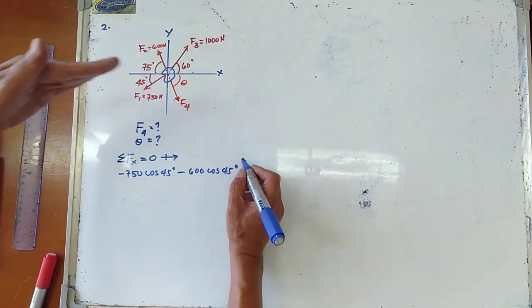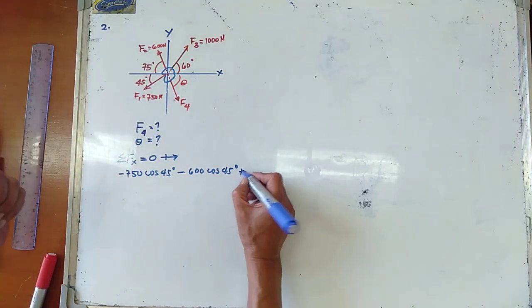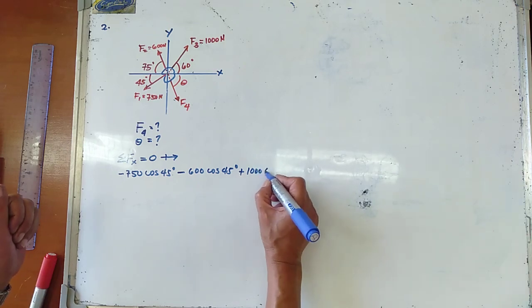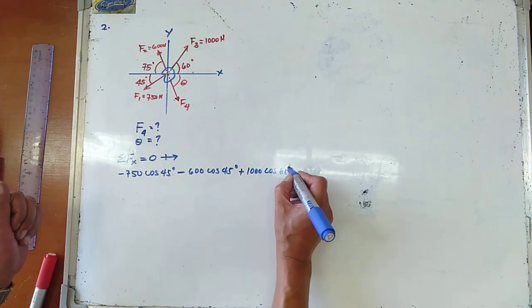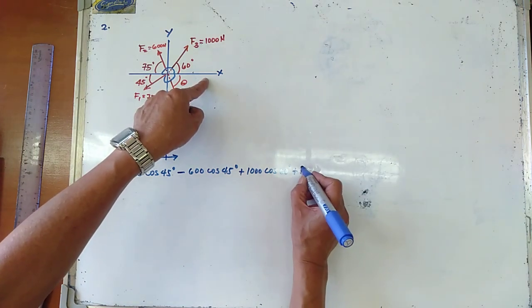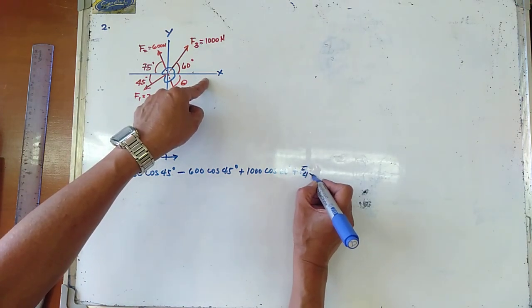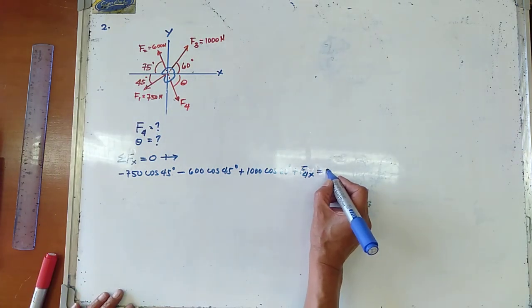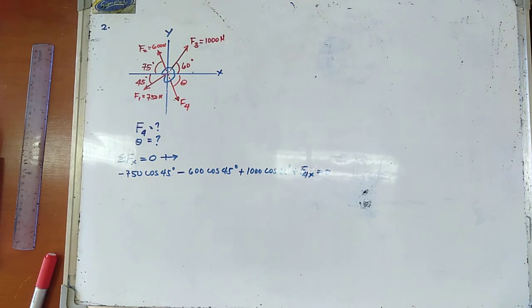F3 is going to the right. So plus 1,000 newtons, that is cosine of 60 degrees. And then it's going to the right, plus F4, the component of F4 in the x-axis, and that one is now equal to 0.